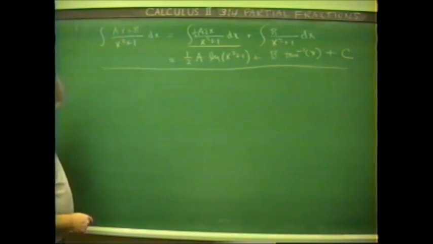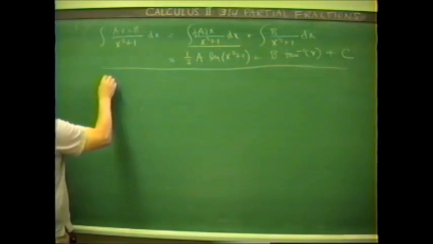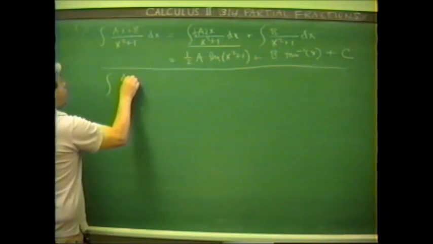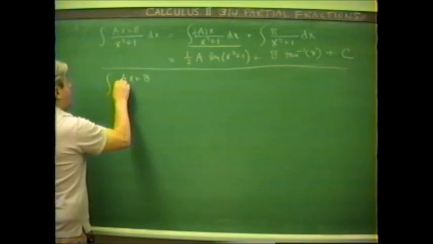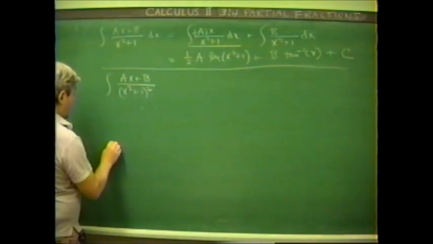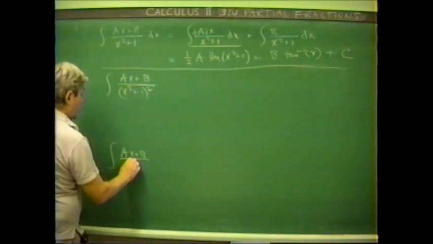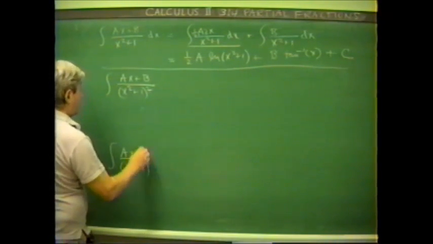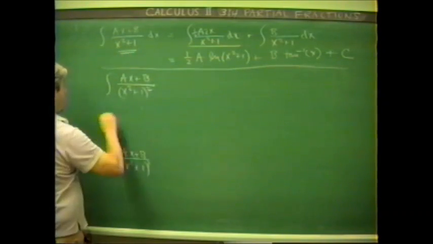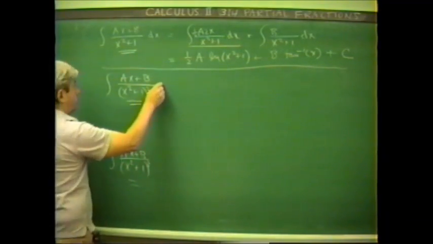Now, we'll see that a lot of things can. But first of all, let's consider something slightly worse here that's going to show up in partial fractions form. (Ax plus b) over (x squared plus 1) quantity squared. And (ax plus b) over (x squared plus 1) quantity cubed. If this was the specific polynomial in the denominator, we're going to have to deal with this type of thing here.